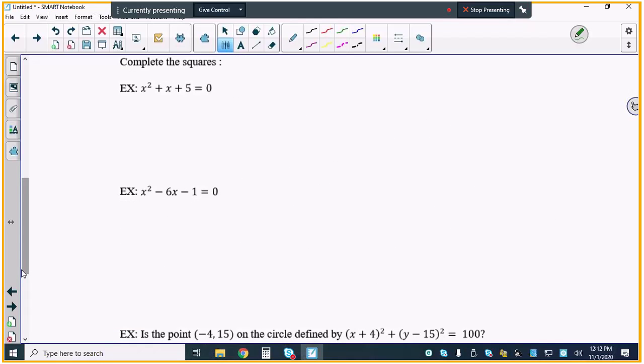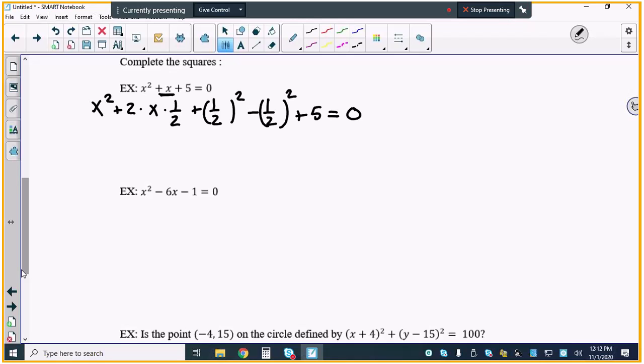The first one is x squared plus x plus 5. Now this one you will write as x squared plus 2 times quantity 1, which is x. To make it back to the original plus x, I will have to multiply by 1/2. So that's my quantity 2. So now I add quantity 2 squared, subtract quantity 2 squared, and then keep writing the given term plus 5 equal to 0.